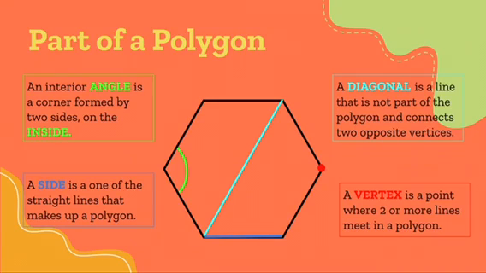In the light blue, we have a diagonal, which is a line that is not part of the polygon, but it connects 2 opposite vertices together. And last, a vertex, which is a point where 2 or more lines meet in a polygon. More than one is called vertices.